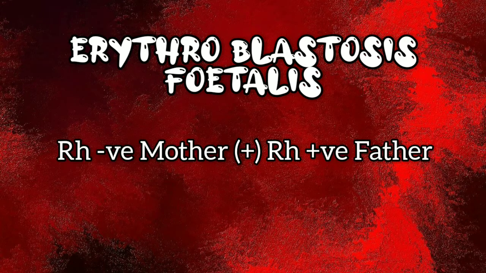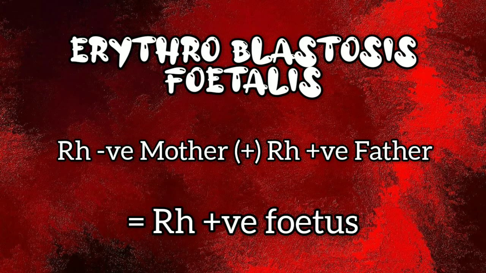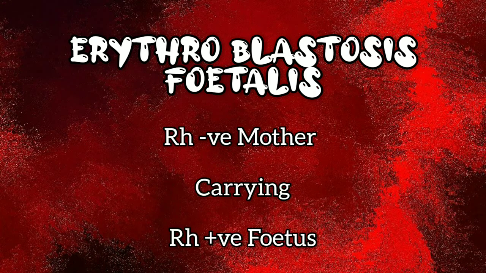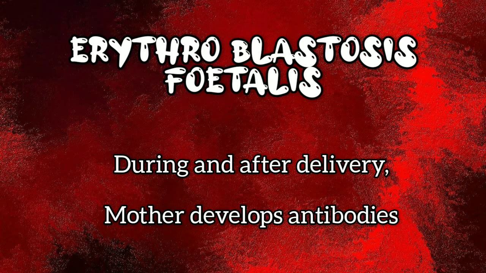If a woman is Rh negative and the man is Rh positive, the fetus may be Rh positive, inheriting the factor from its father. The Rh negative mother becomes sensitized by carrying an Rh positive fetus within her body. Due to damage of blood vessels during childbirth, the mother's immune system recognizes the Rh antigens and makes antibodies.